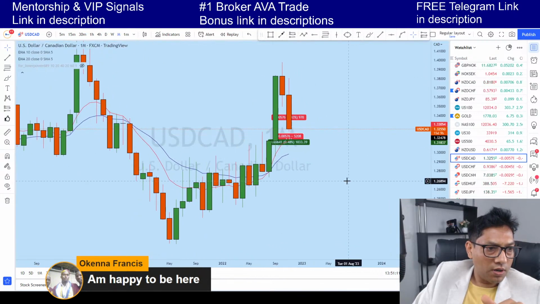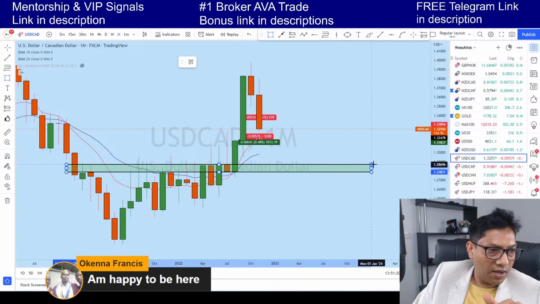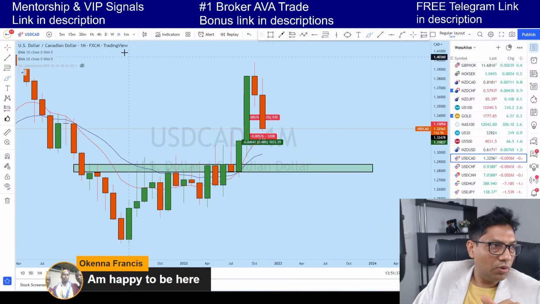And I think this monthly price action could continue to drop to this level. This is the monthly doji here. You see this red doji. This is a very high liquidity zone. I think the price may come back to this level to grab liquidity in this area, right? So this is the one.